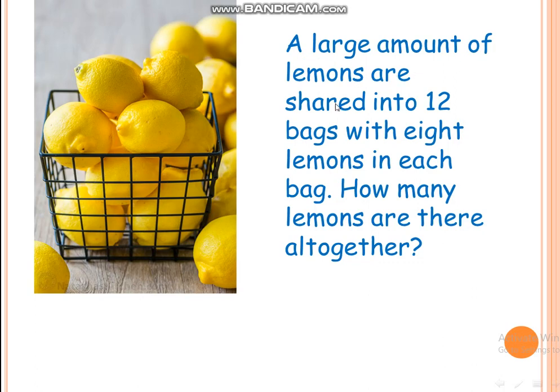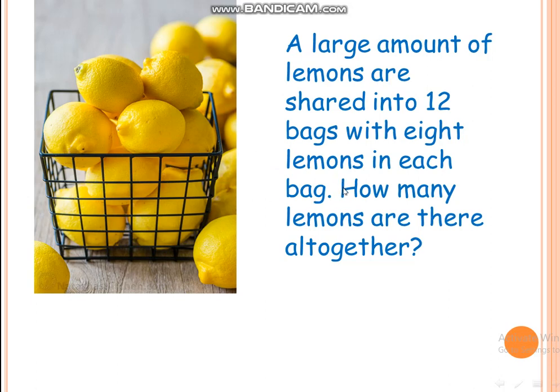a large amount of lemons are shared into 12 bags with 8 lemons in each bag. How many lemons are there altogether? Look at that. Now we have already shared the lemons into the 12 bags. We have already put 8 lemons on those 12 bags.